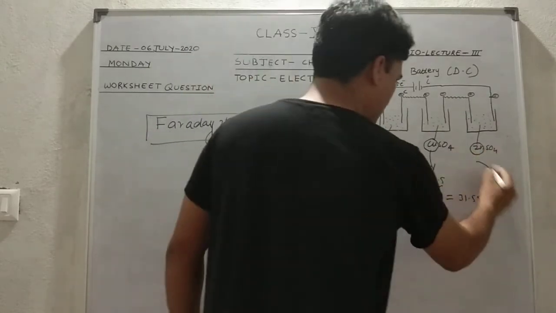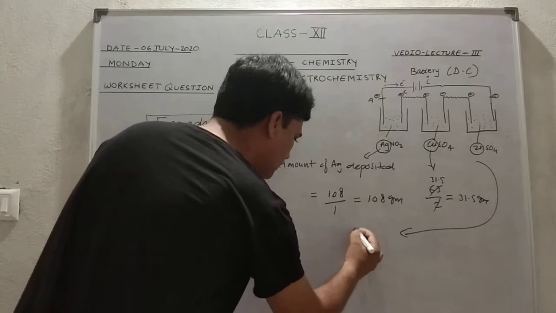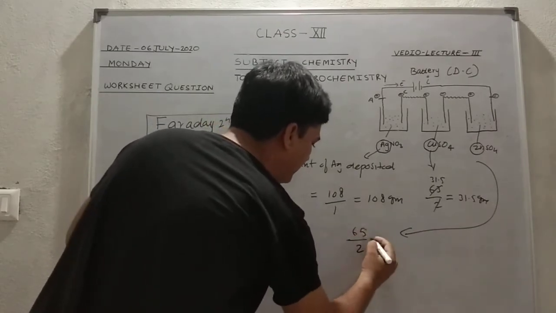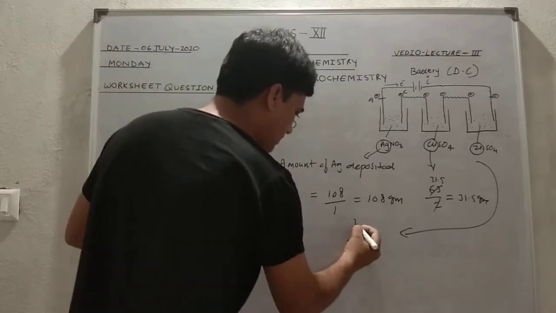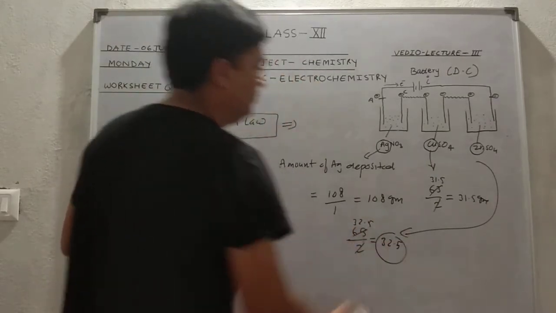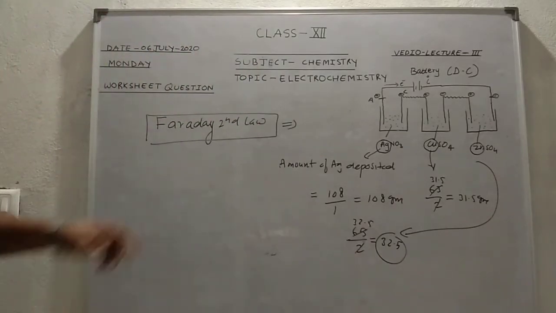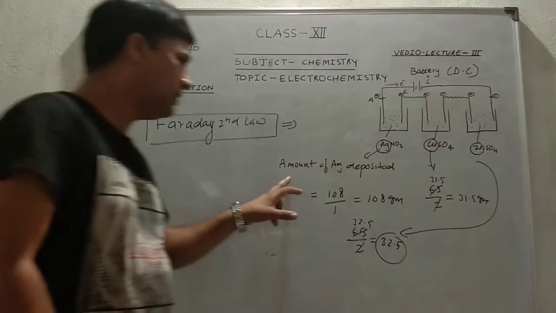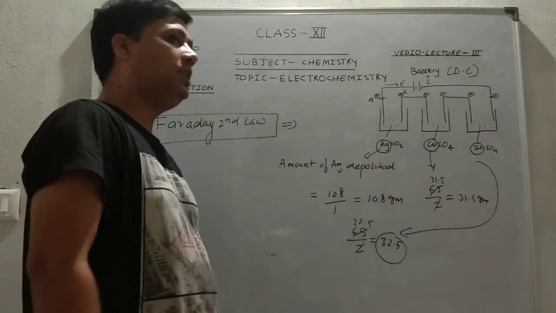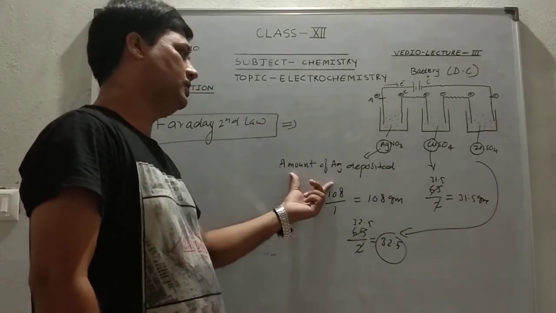Amount of zinc deposited is 65 divided by 2, that is 32.5. So Faraday's second law is very important to calculate the amount of substance deposited on a particular electrode when all the electrodes are connected in series.